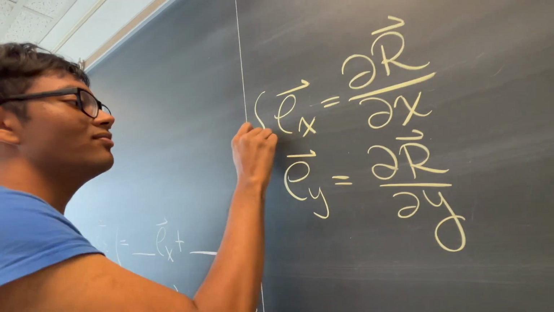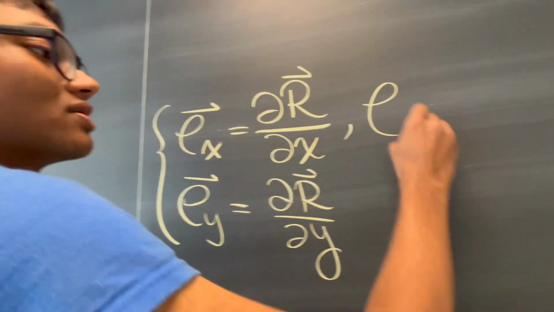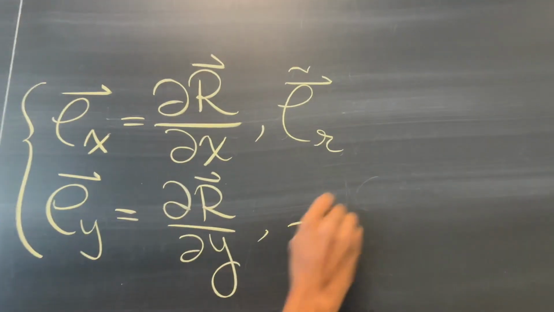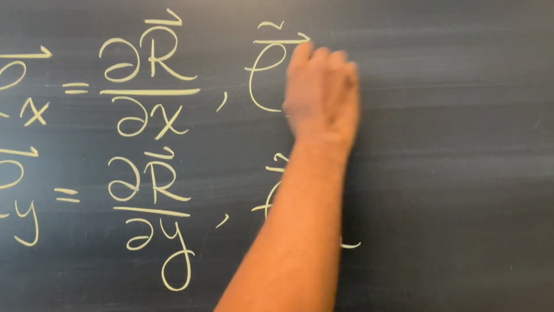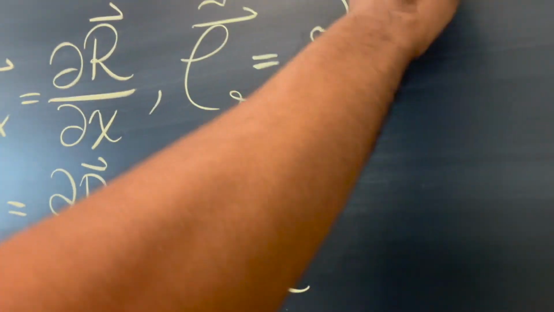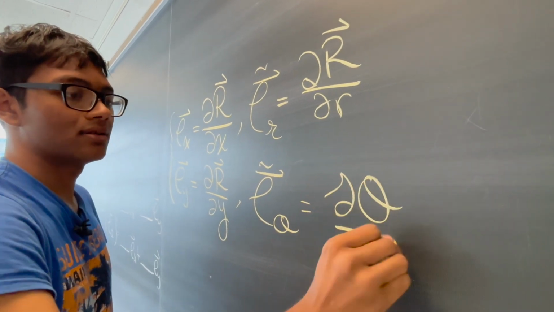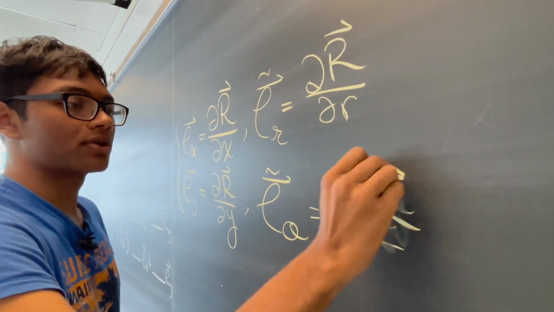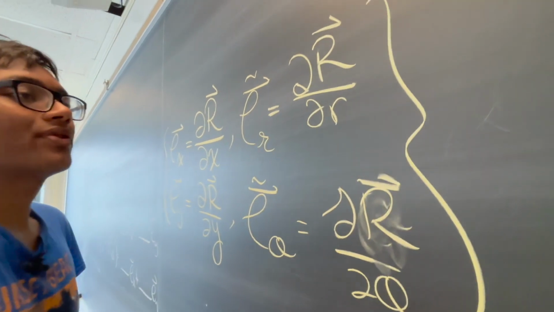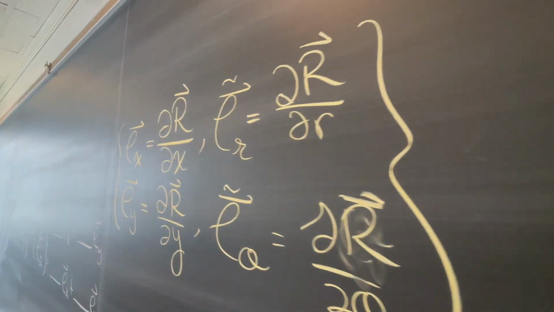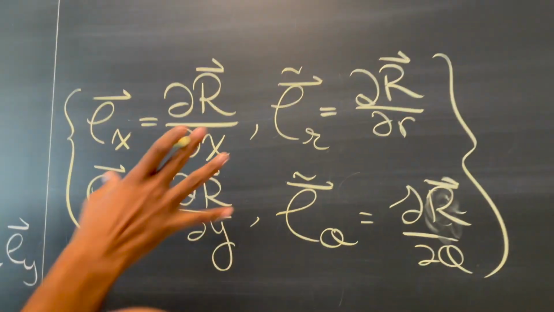We can do the same thing for the basis vectors E sub r and E sub theta: partial capital R, partial r, and partial capital R, partial theta. So this is the big idea, that basis vectors can be rewritten as partial derivatives.